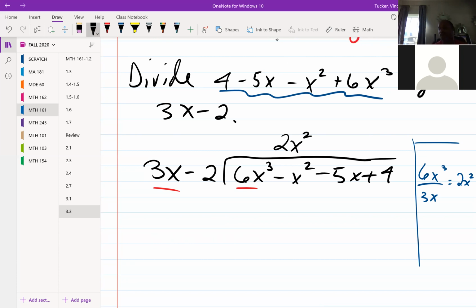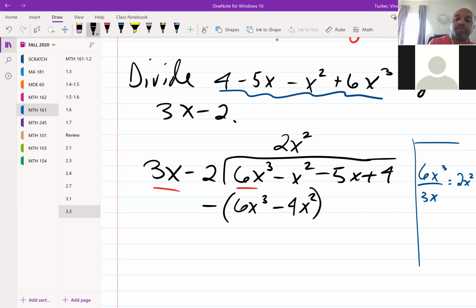So I'm going to take that 2x squared and multiply it to each term on the outside. So 2x squared times 3x is 6x cubed. 2x squared times negative 2 is negative 4x squared. So don't forget that minus sign has to go to both terms. A lot of people make that mistake here.